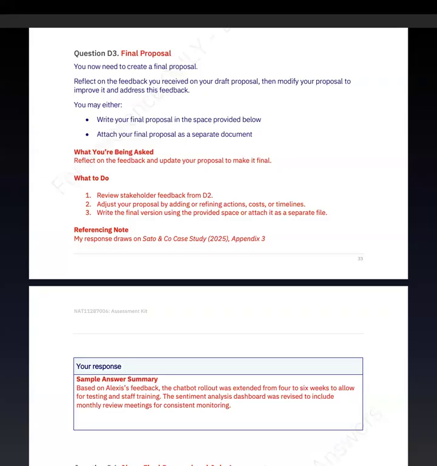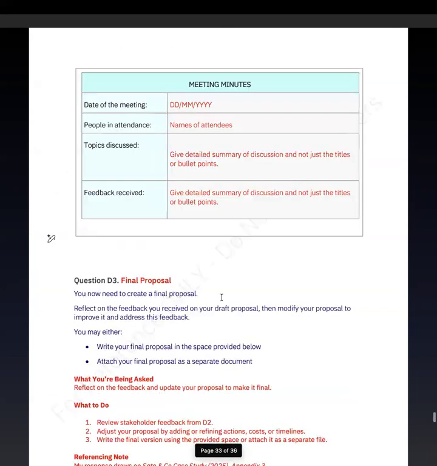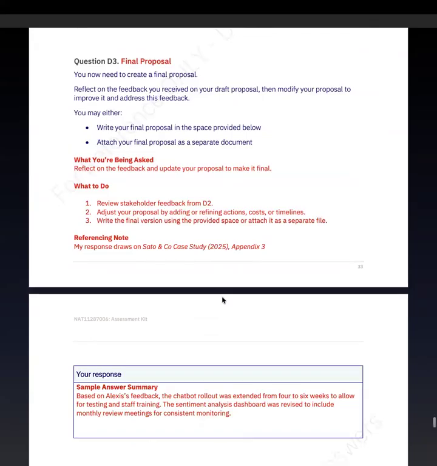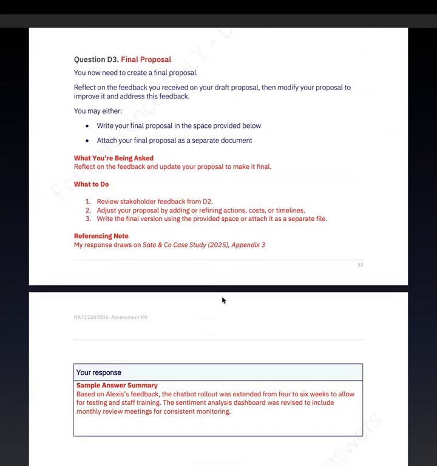Following D2, where you are supposed to receive the feedback from your colleague or from your supervisor on your draft proposal, you are supposed to use that particular feedback and finalize your proposal. So what you're supposed to do over here is review all your stakeholders' feedback carefully.